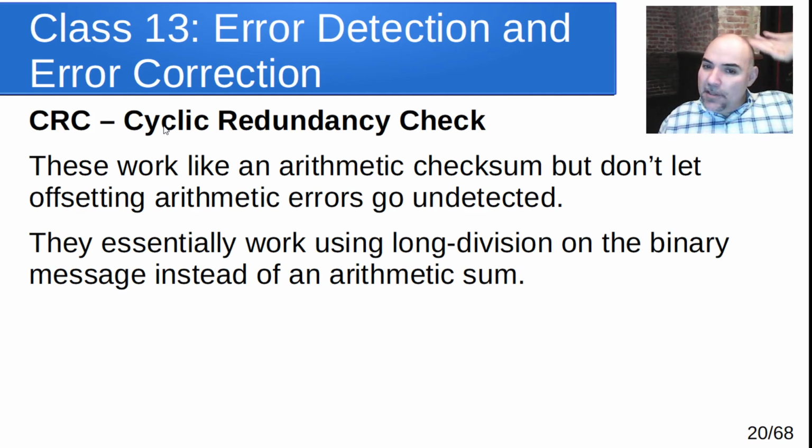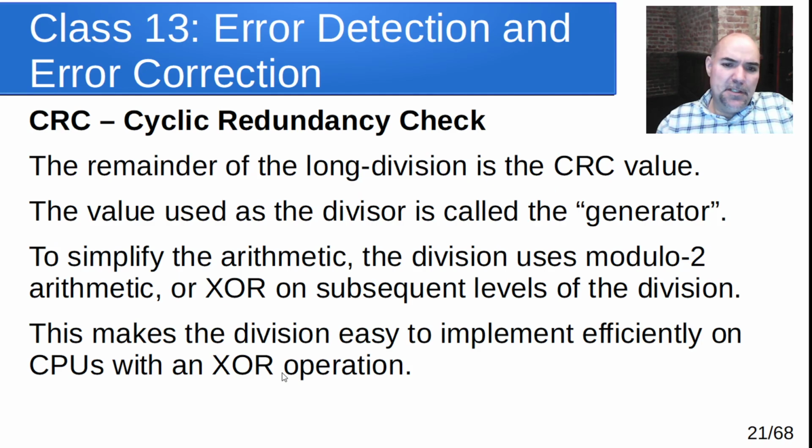The way those work is they work like a checksum, but rather than using addition, which can allow offsetting errors to go undetected relatively easily, add 1 here, subtract 1 there, get the same checksum, they work like performing long division on the binary message instead of an arithmetic sum. And they use the remainder of the long division as the CRC value, or the check value.